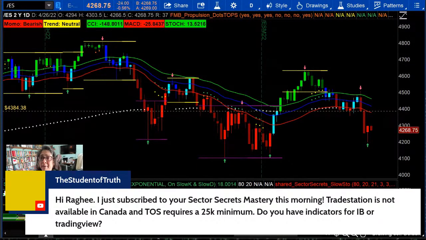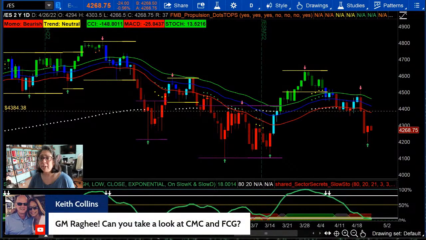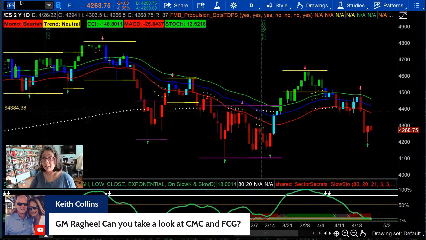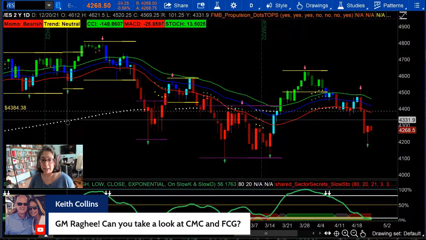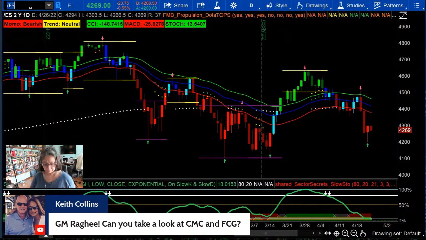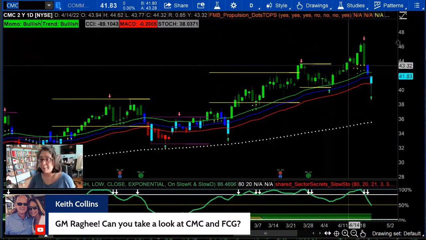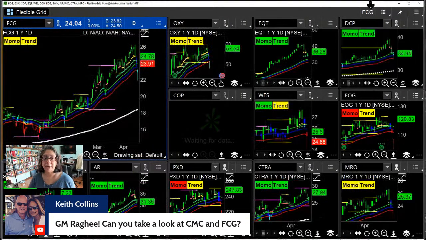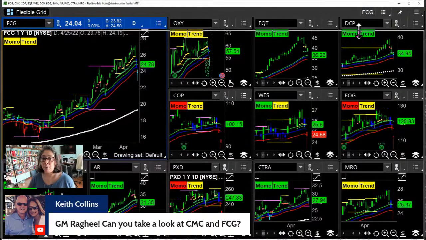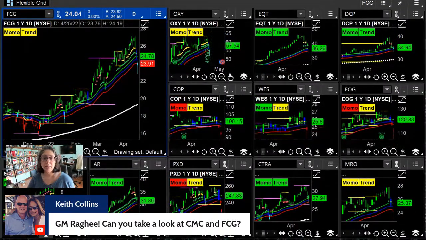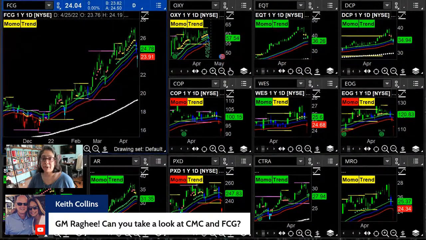All right, next up is, can I take a look at CMC and FCG? So CMC, if I'm looking at FCG, well, let me do it this way. Let me show you the multi-chart, because this is basically a staple layout in the mastery.